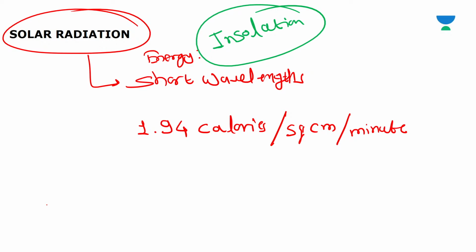Now friends, basically the solar output received at the top of the atmosphere varies slightly in a year due to the variations in the distance between the sun and the earth.